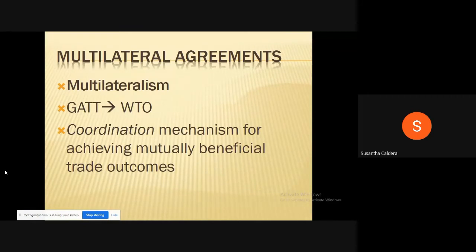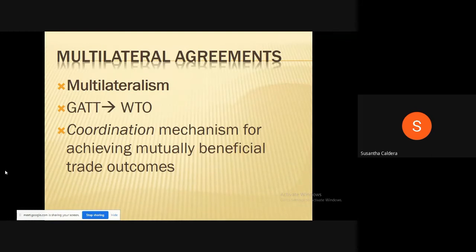Multilateralism. When GATT became the WTO, World Trade Organization, till then we were having bilateral trade agreements. Bilateral means agreements between two countries.